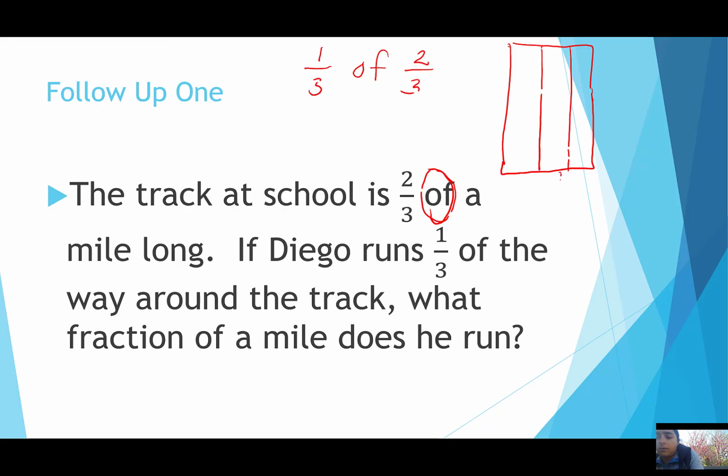So here's 2/3. I'm going to lightly shade it in. Remember, not so dark. And I'm taking 1/3 of 2/3, so I'm going to take 1/3, split the other way into thirds, and here's 1/3 of it.